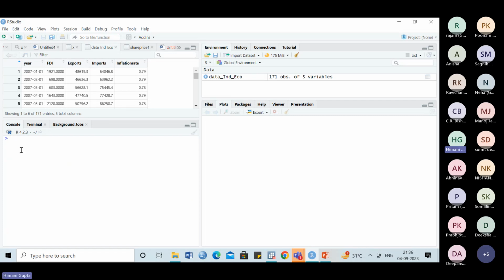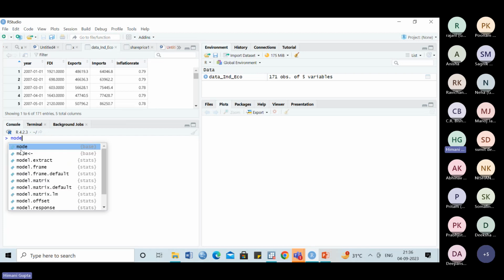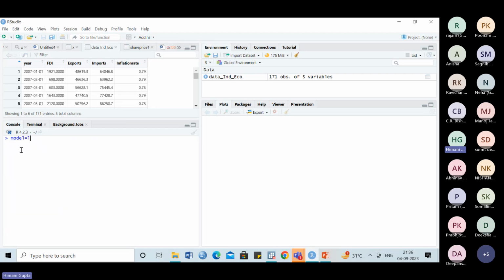Now we have to create a model. We are giving the name model equals lm. And first of all, you can take any variable. I'm taking FDI to be the dependent variable, with exports plus imports plus your inflation rate. Done till here?